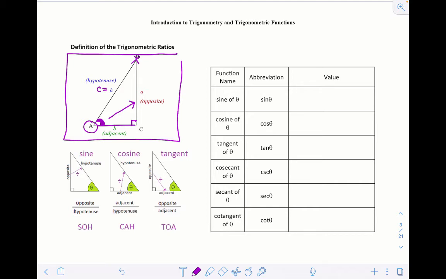Okay, so what are the definitions of the trig functions? Here I've got the full name, and then I have also the abbreviations that we'll use. So sine is opposite over hypotenuse.